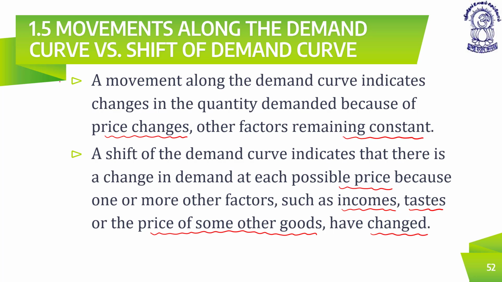So this is movement along the demand curve and this is shift of the demand curve. So in shift of the demand curve, price remains constant. Examples are increase in demand and decrease in demand.